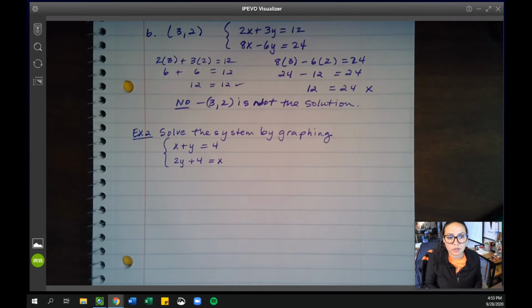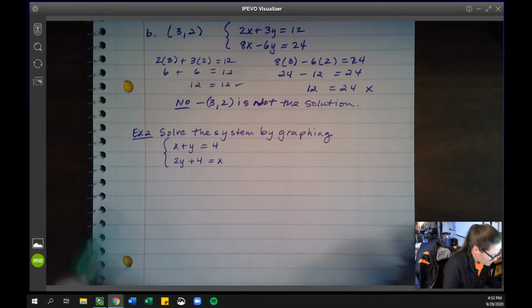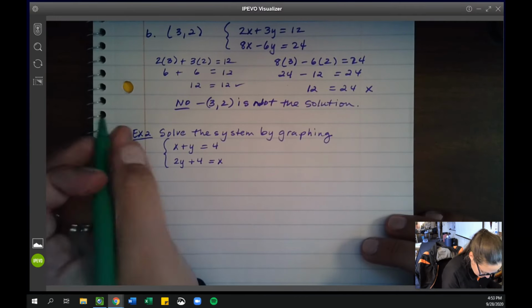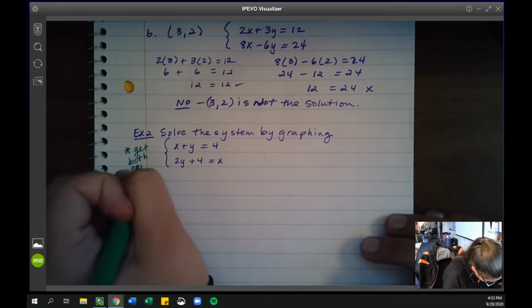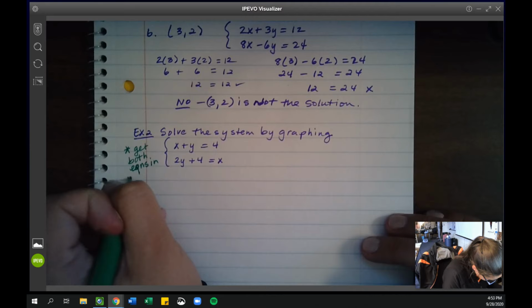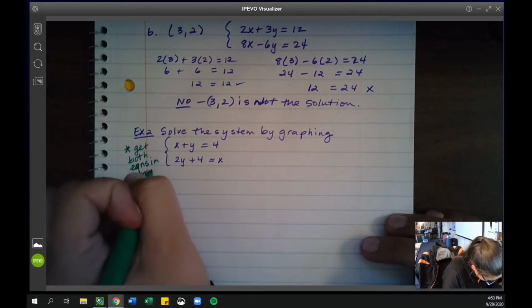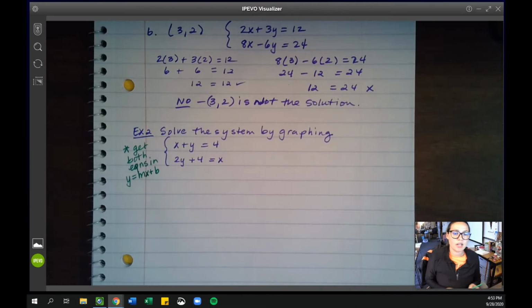Now, before we can graph it, we need to get both equations in slope-intercept form, y equals mx plus b, so we can graph it. So that's the first thing I'm going to do. I'm going to get both equations into slope-intercept form.